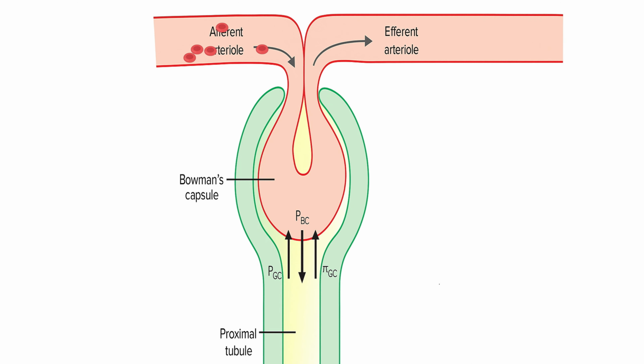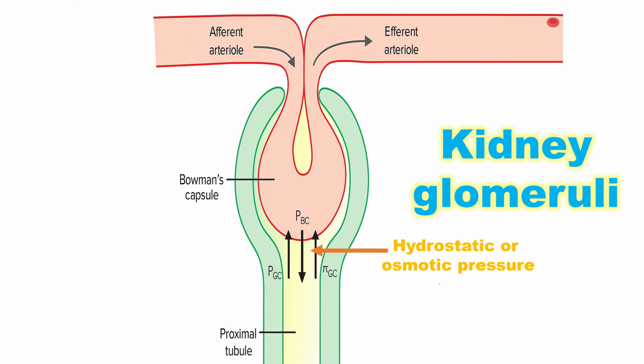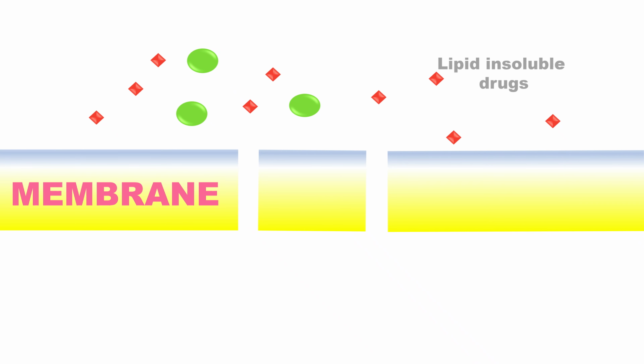It is enhanced by fluid movement driven by hydrostatic or osmotic pressure, which is common in capillaries, especially in kidney glomeruli. Only lipid-insoluble drugs small enough to fit through these pores can cross by this mechanism.